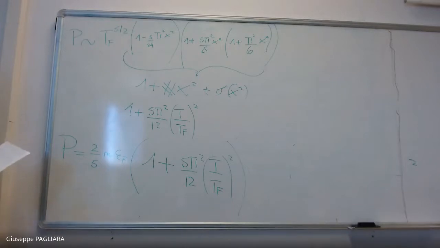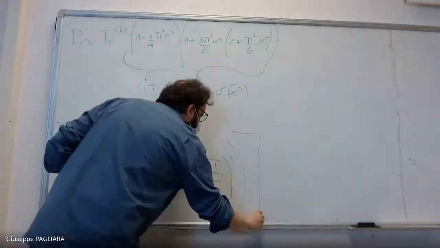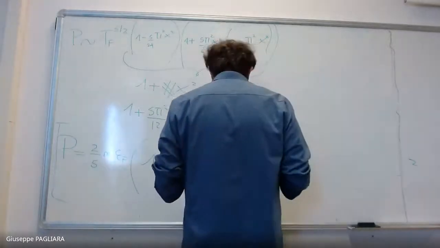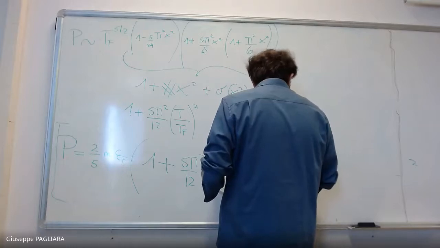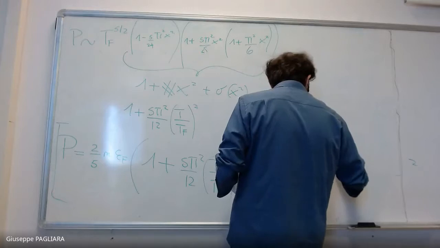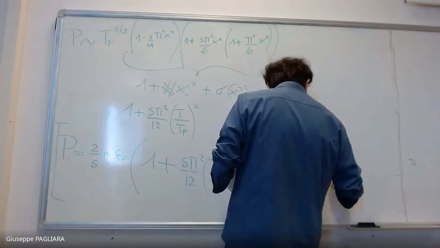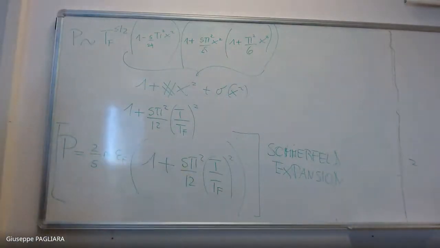that provides me an additional contribution to the pressure as the temperature is increased from 0 to a finite but small value. Okay. Now this expansion, if one completes it, is called Sommerfeld expansion, to which we have taken just the first correction, which is a t squared correction.